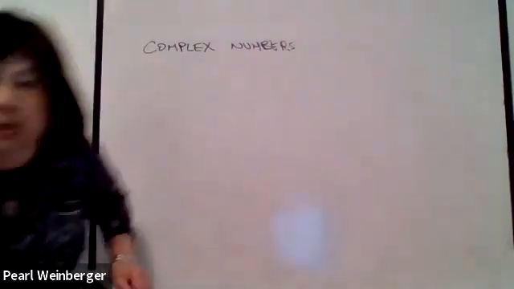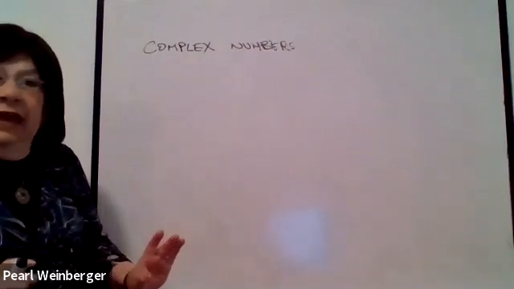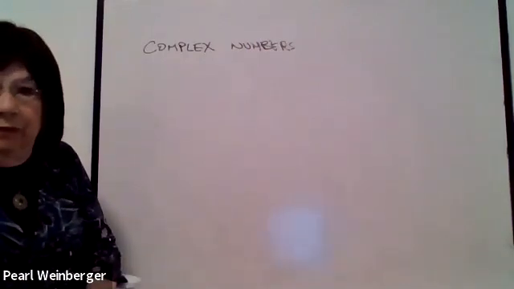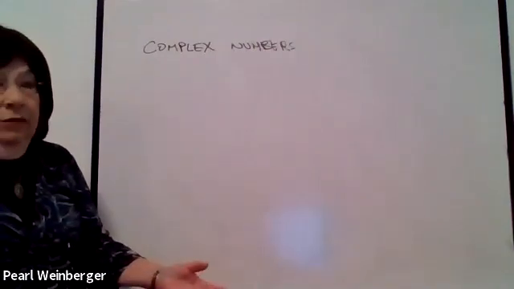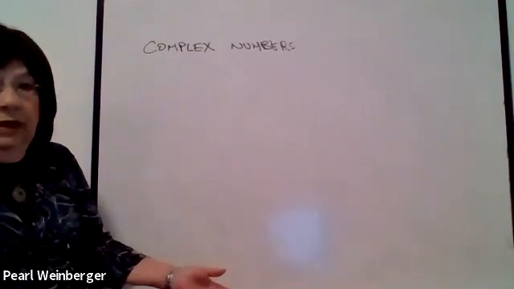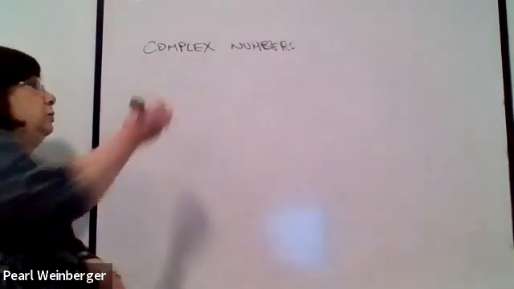In this new number system, we add one additional number that we never had before. Now, since it's a new number, we have to give it a new symbol. And we can't use a symbol that we've already used for numbers, so we're going to use this symbol.